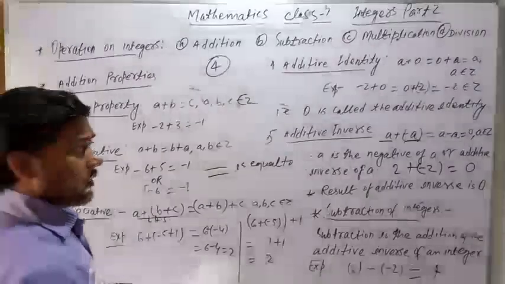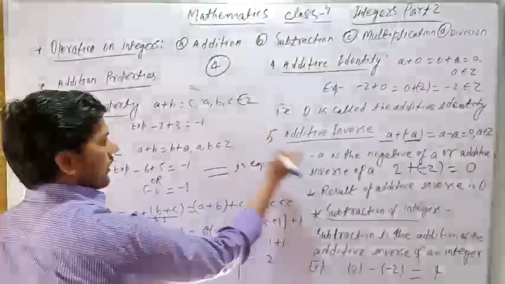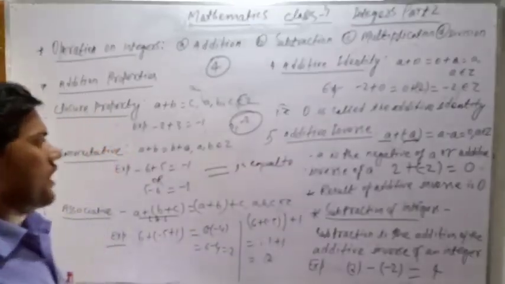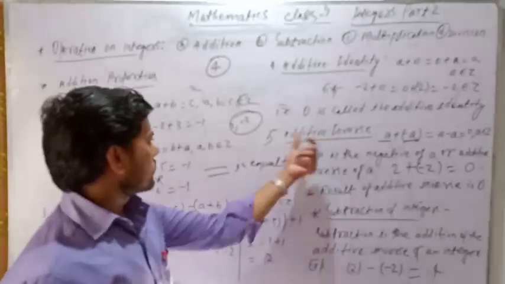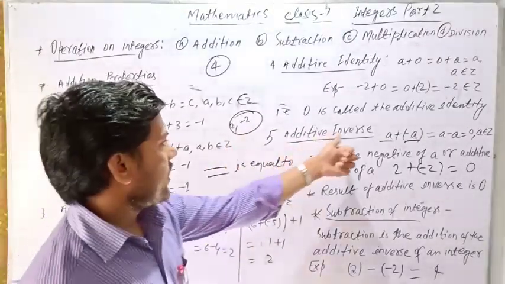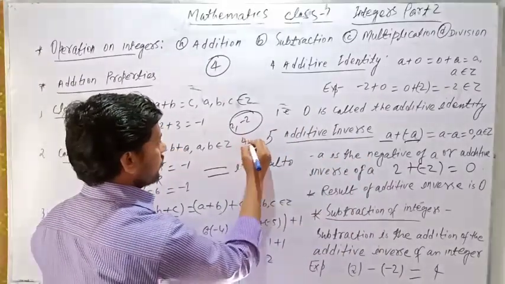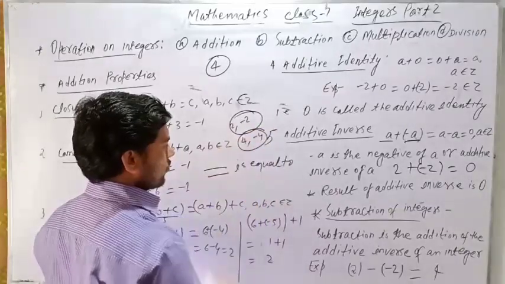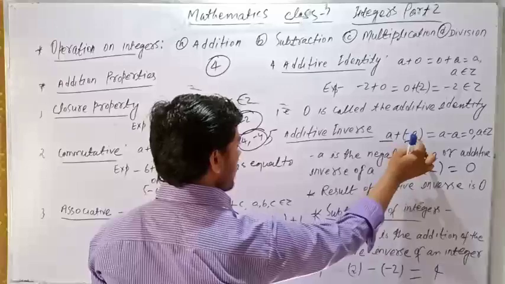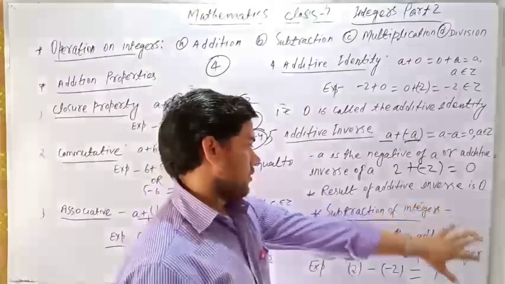So the result of additive inverse is 0. 2 and minus 2 both are additive inverse of each other. Similarly, 4 and minus 4 both are additive inverse of each other. Similarly, a and minus a both are additive inverse of each other.